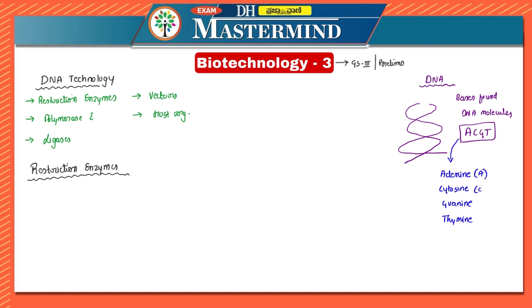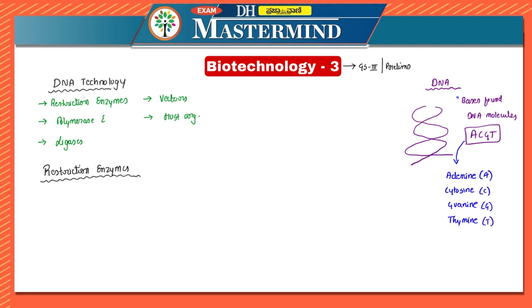Whenever we are looking at any DNA sequence, there are a lot of bases found, and they are only four: adenine, cytosine, guanine and thymine. For now, only these will be there.